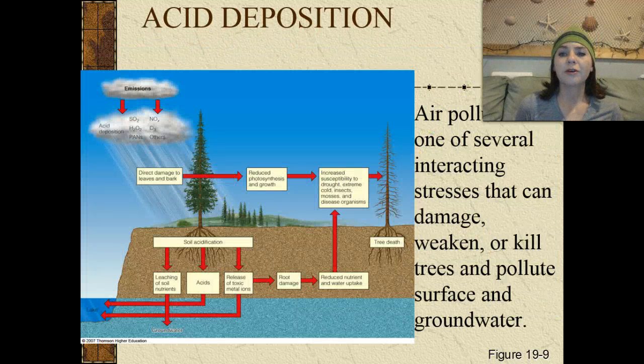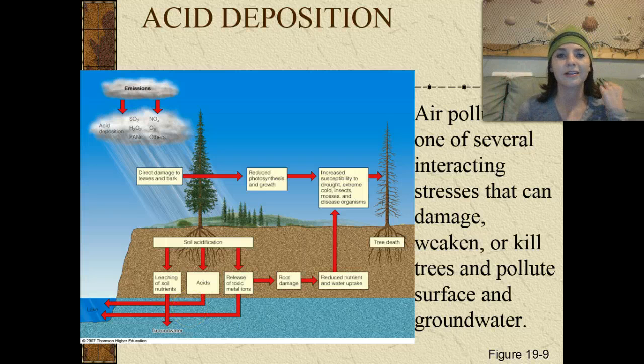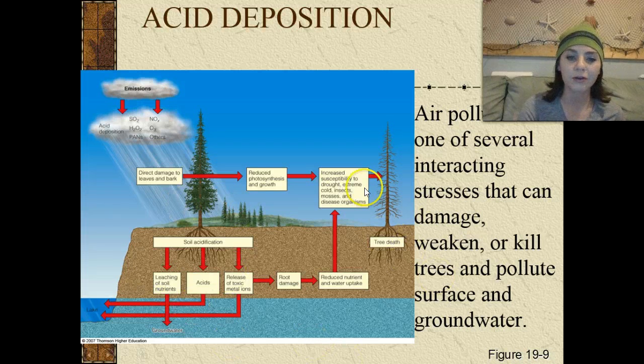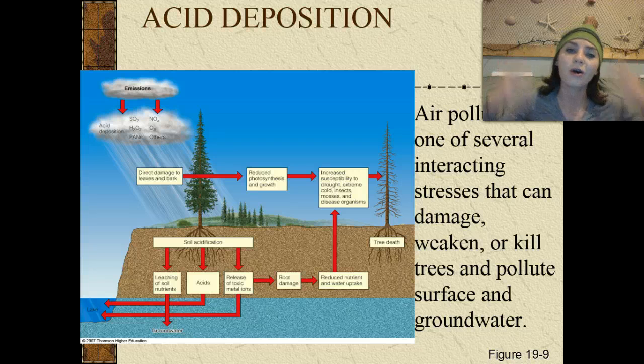So air pollution is one of several interacting stresses that can damage, weaken, or kill trees, as well as pollute surface and groundwater, which is something I was just discussing. So when acid is deposited, it can basically harm trees, it soaks into the soil, it can prevent photosynthesis from occurring, it can harm the roots of the plant, it can soak through the soil into our water table, eventually soak into lakes, and get into rivers, which eventually, again, will all lead to the ocean.